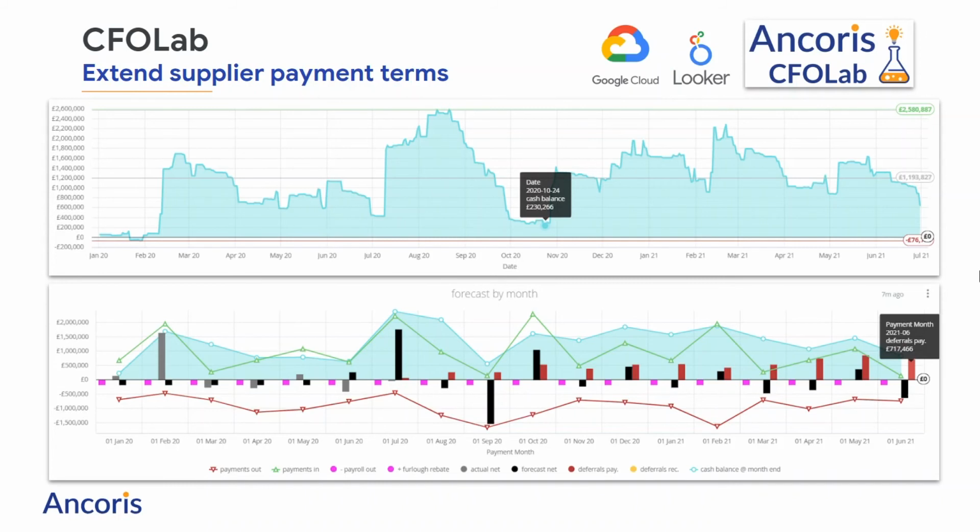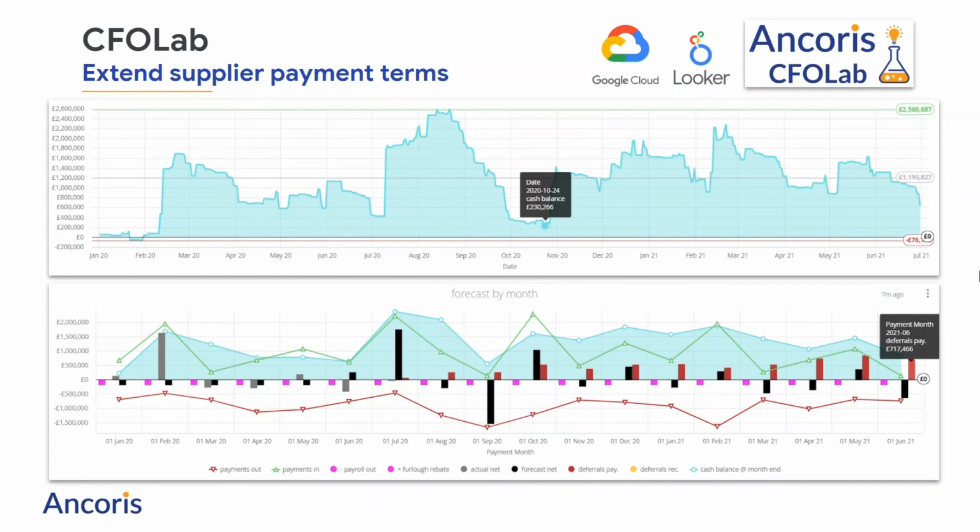So if you're extending payment terms to your customers, you'll see a yellow bar in a similar way that will show you essentially what you're extending to your customers. And then you can compare the yellow and the red bar to give a gauge of how we are helping out our customers versus how our suppliers are helping us out.